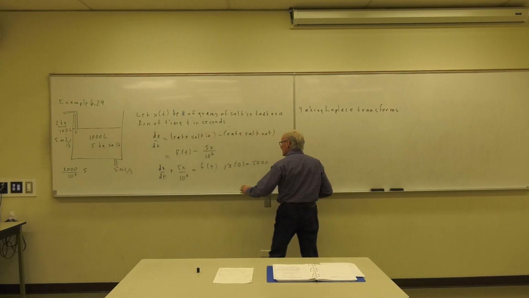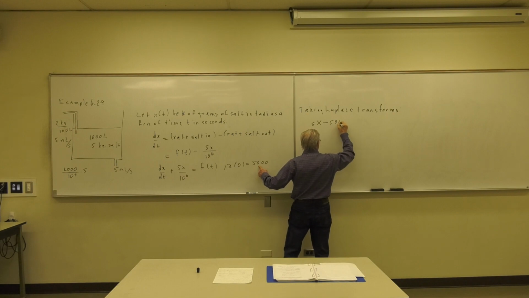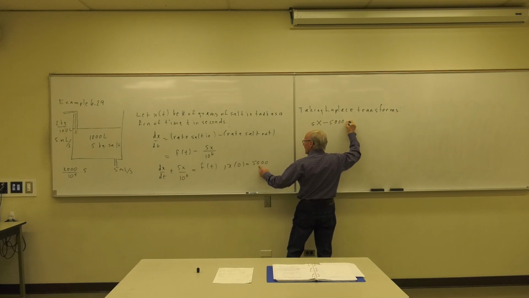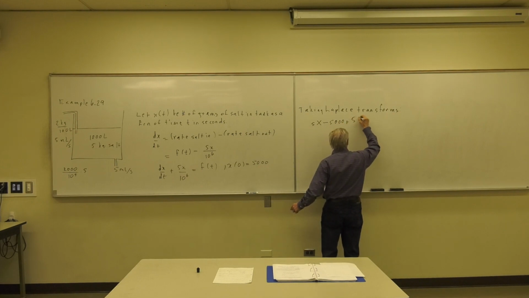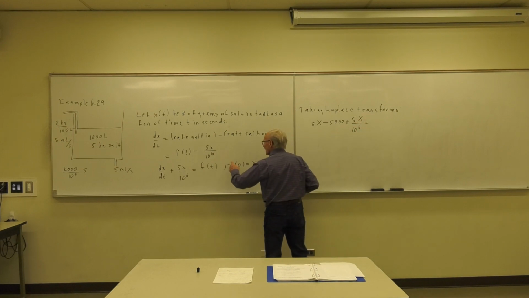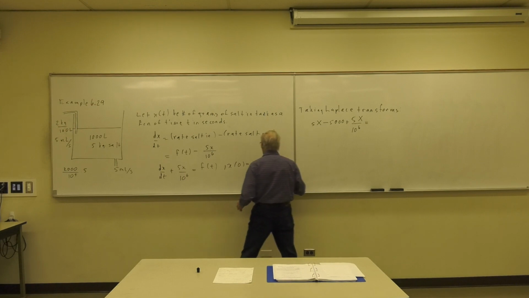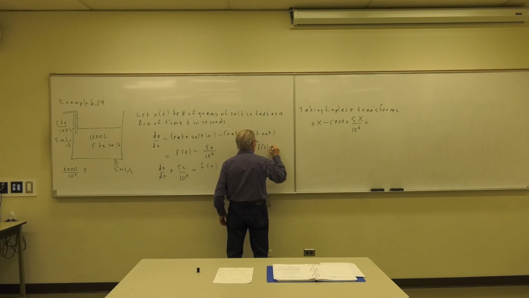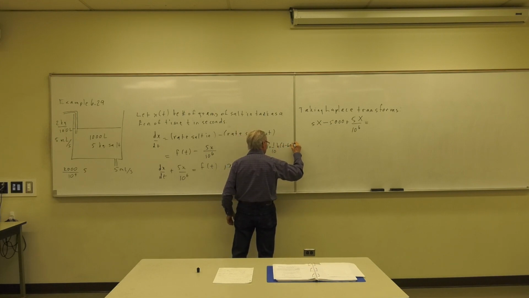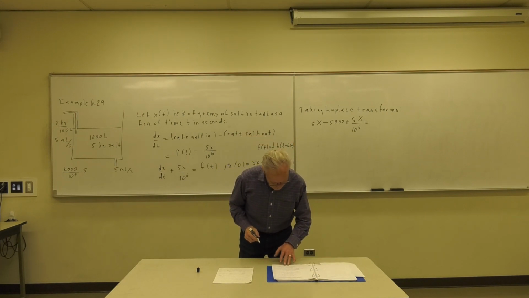So taking the Laplace transform of the derivative, sX minus 5,000 plus 5x over 10 to the 6 equals the Laplace transform of f of t, which I just erased. It was equal to 1 over 10 h of t minus 600, correct? I hope so. Let me check it. I think that's what we wrote down.